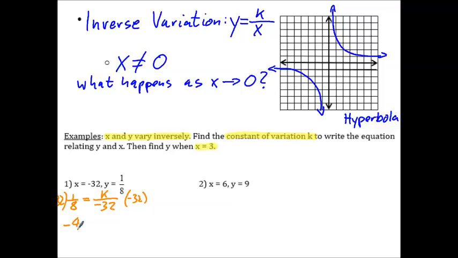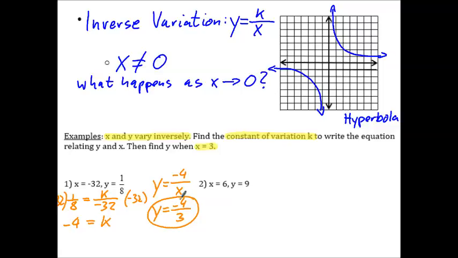And we get -4 is equal to k. So that means our equation is y is equal to -4 divided by x. And if x is 3, therefore y is equal to -4 divided by 3. And we can't really simplify this any further. So this is our answer.